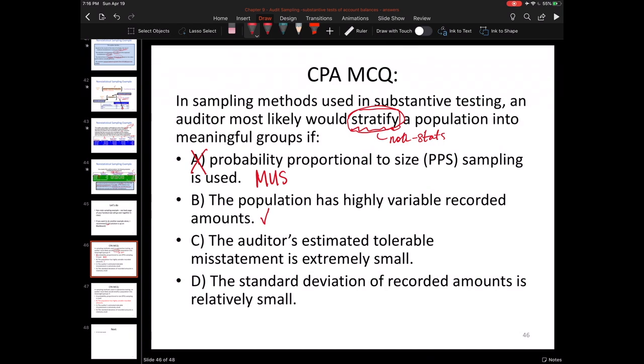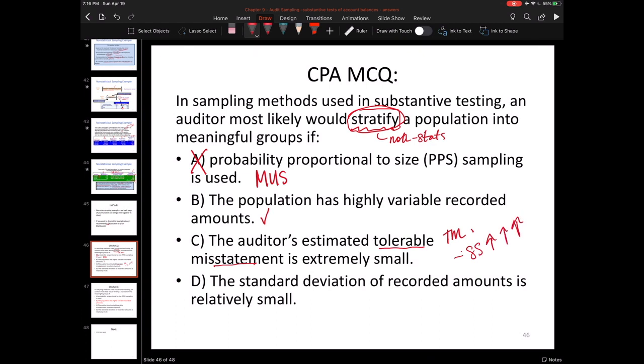C, auditor's estimated tolerable misstatement is extremely small. All right. We talked about this. We know in chapter 8, not in chapter 9, but in chapter 8, when TM is very small that actually makes our sample size blow up, right?